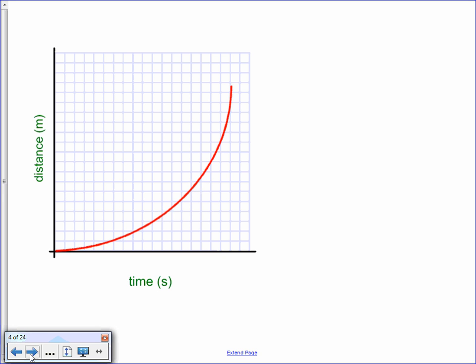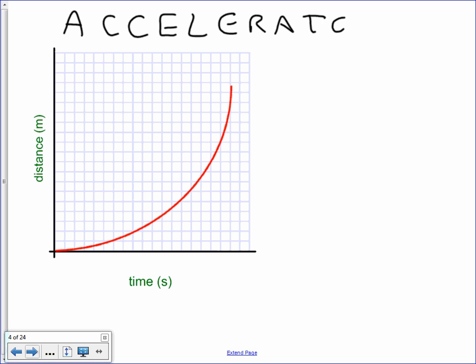It seems to be positive pretty much in all places here. So this would actually be non-constant velocity. In fact, we would say this is accelerated motion, because acceleration is just a change in velocity. So accelerated motion.